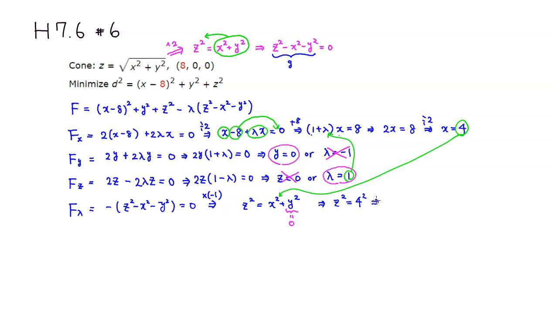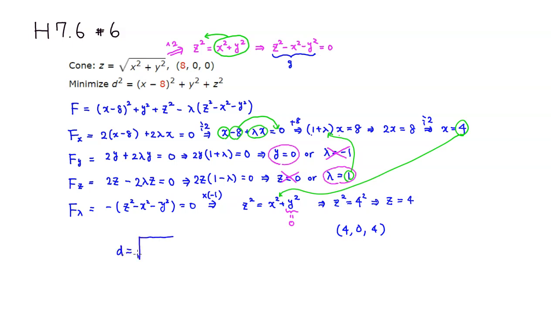So z is going to be 4. It's plus or minus 4, but we're looking at the top half of the cone, so it's going to be positive. So we know all the values: x has to be 4, y has to be 0, and z has to be 4.